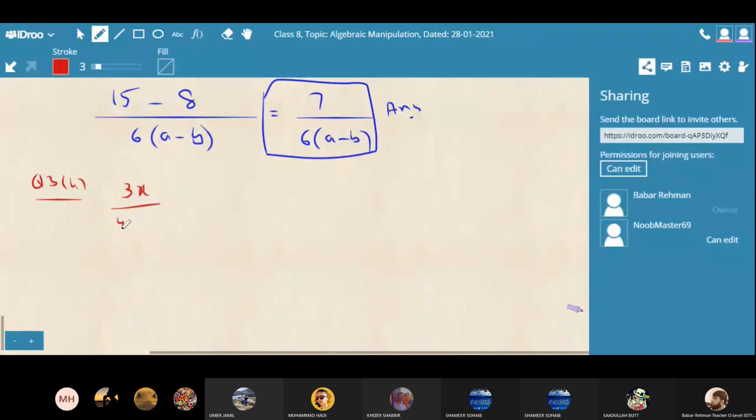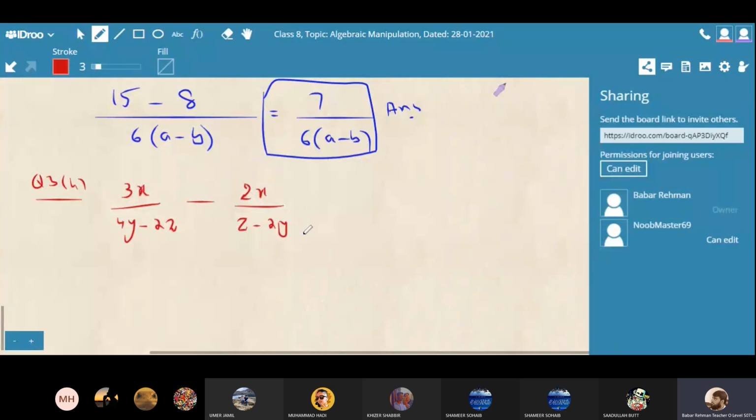Upon 4y minus 2z, minus 2x upon z minus, this is z. Please pay attention, this is z. This is z minus 2y. This is also 2, please.